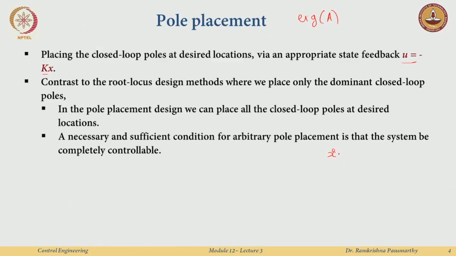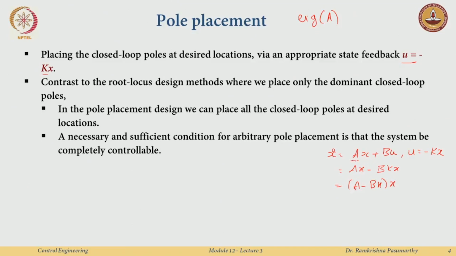So I have x dot is Ax plus Bu, and I say u equal to minus k of x is my control law, and if I substitute this here, I have Ax minus BKx, or in other words, I have A minus BK times x. So these are the eigenvalues of my original system, the uncontrolled system.